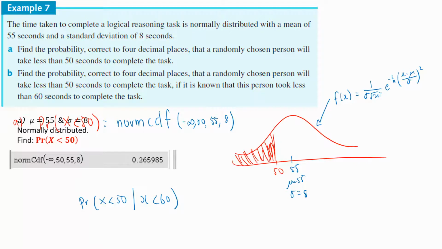We know from chapter 13 that this would be the intersection of x less than 50 with x less than 60, divided by x less than 60. That's what we're looking for. Okay? So logically, x less than 50 intersects with x less than 60, where would that be?